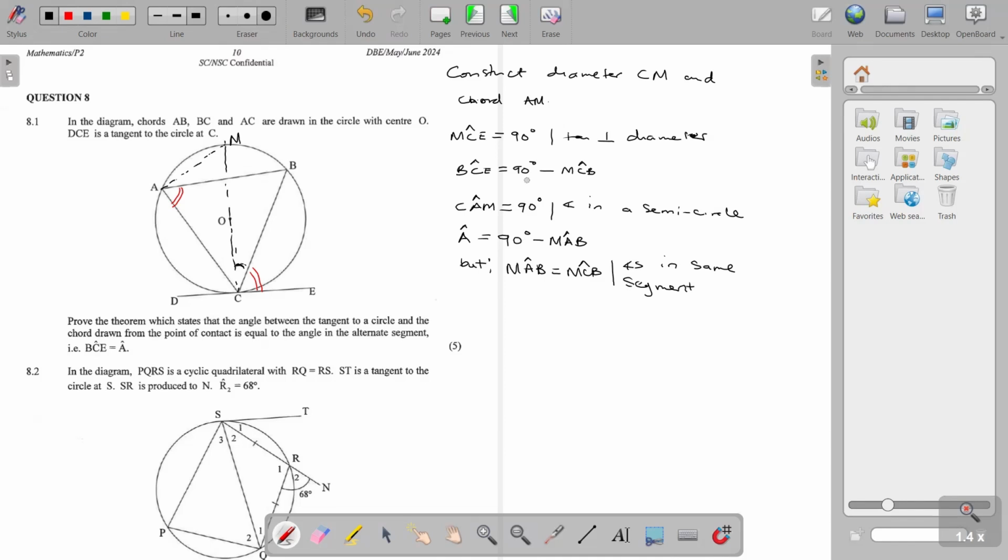Therefore, we can conclude that 90 minus MCB is equal to 90 minus MAB. Therefore, our angle A in this case will be equal to our angle BCE. Has been proven.